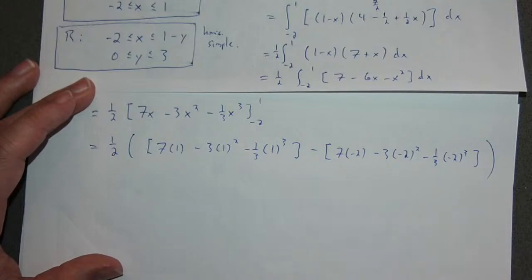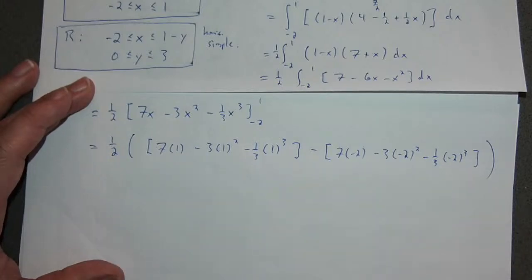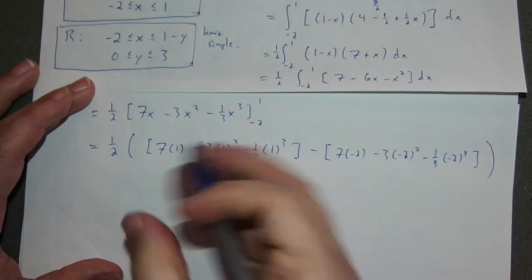This last evaluation can make you do a bunch of annoying arithmetic, and while obviously you have to do that to get the right answer, this last bit is not that important compared to the rest of the problem. So it's everything else that's more important.